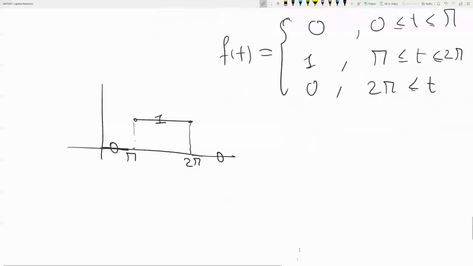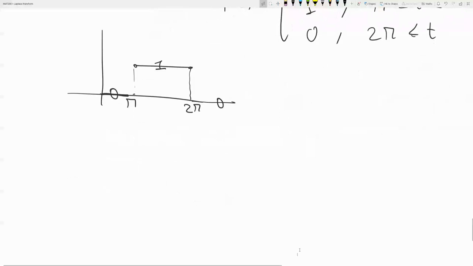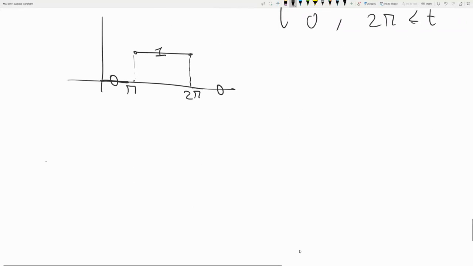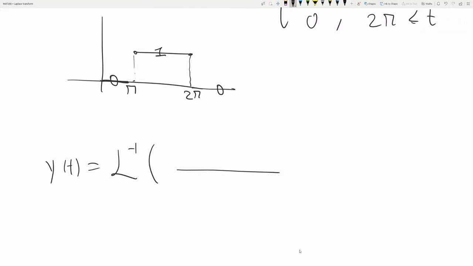So let me write a little bit. So as before, we want y of t. So we have, oh yeah, and also make the comment that f is the difference of u of t minus pi and u of t minus 2 pi.